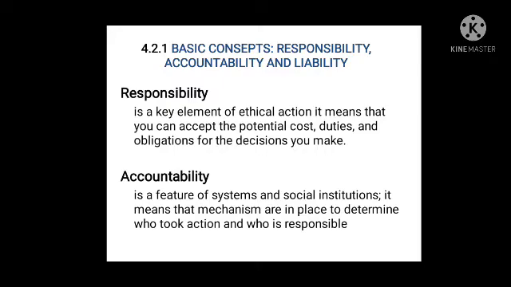Accountability means that mechanisms are in place to determine who took responsible action and who is responsible. Systems and institutions in which it is impossible to find out who took what action are inherently incapable of ethical analysis or ethical actions.